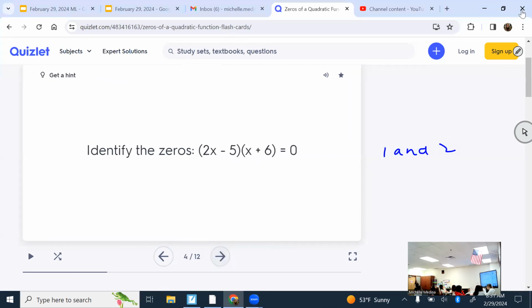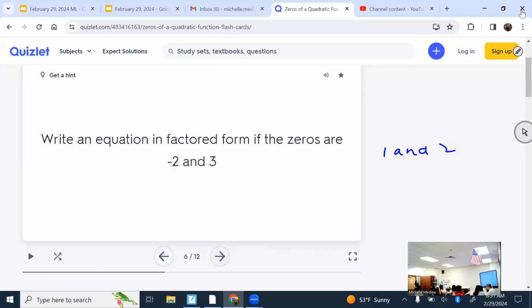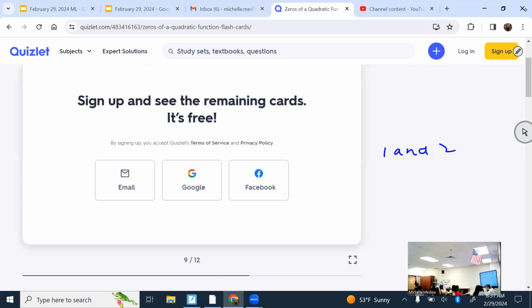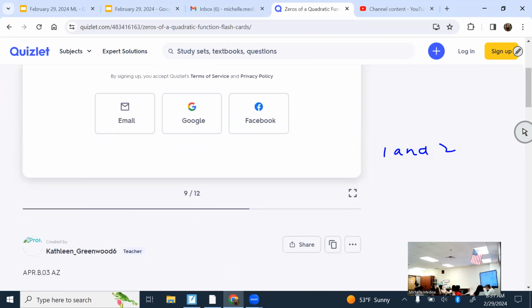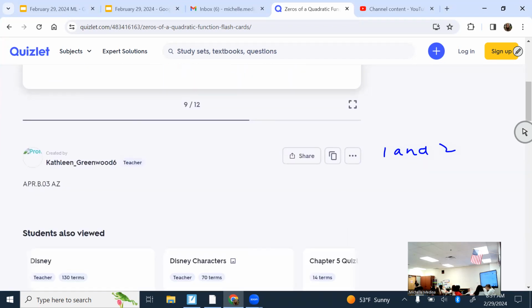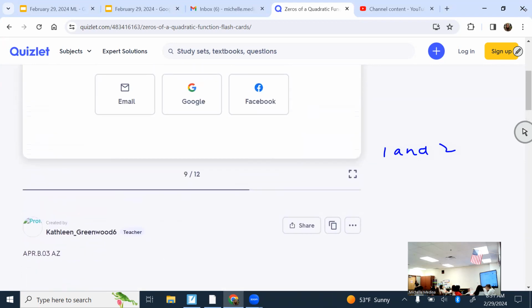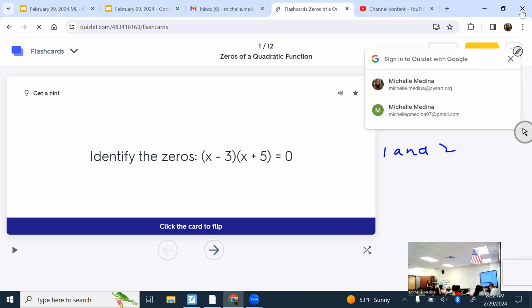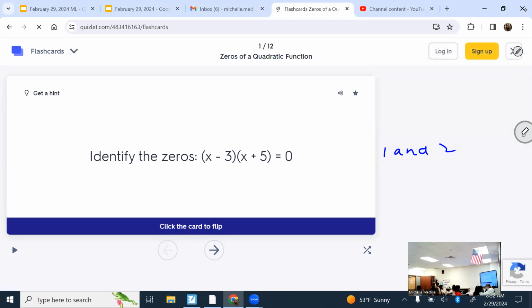Oh, that one's kind of hard. Let me get that one. Go back to the beginning. Because right now, we're only looking at it if it is in a form like this. So now, think in your head, what are my x-intercepts gonna be?